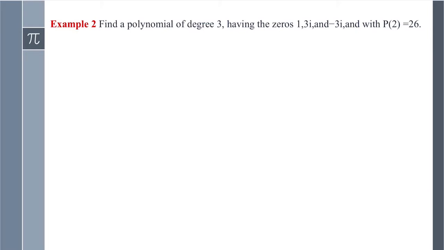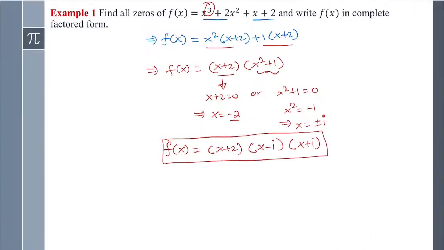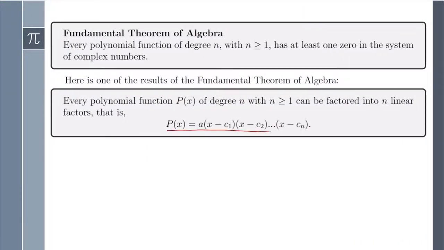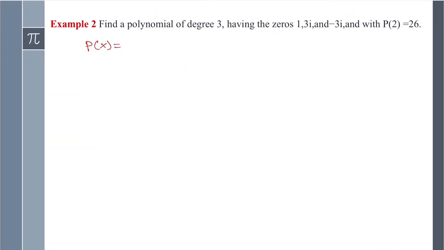So let's go ahead and write the polynomial as p of x equals, using this result of the fundamental theorem of algebra, a times, so the first zero is 1, so the factor is x minus 1, and the second zero is 3i, so the factor is x minus 3i, and the third zero is negative 3i, so that means the factor is x plus 3i.